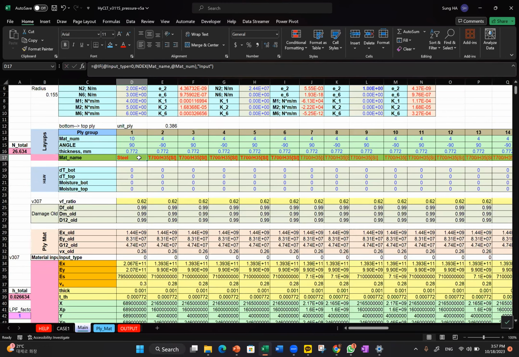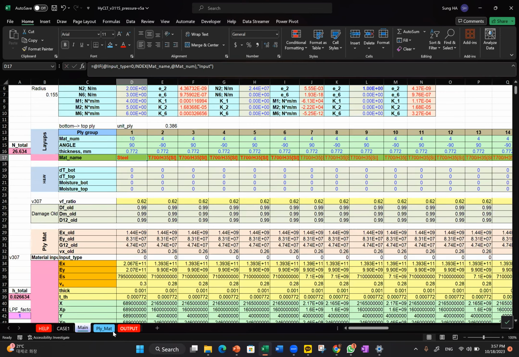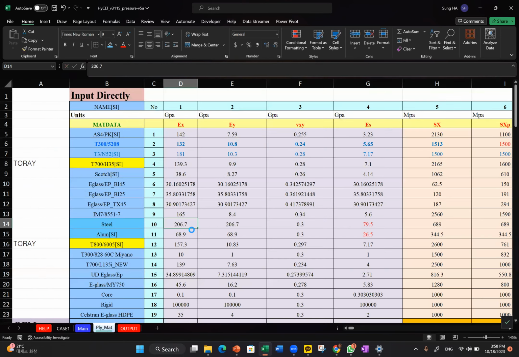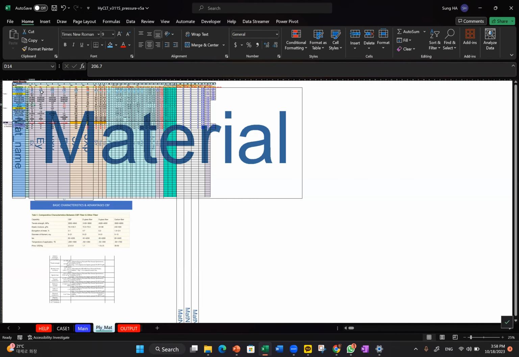This is linked. Link means that the material number is this row, and the material name is here. As you can see, this range is called material. So this full range has a name of the material.